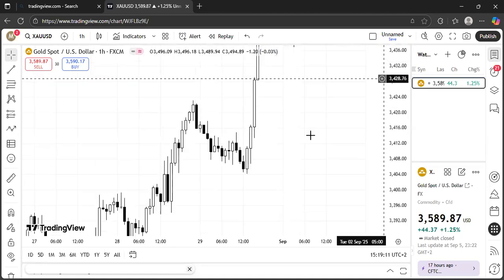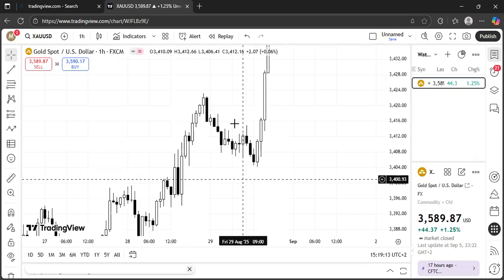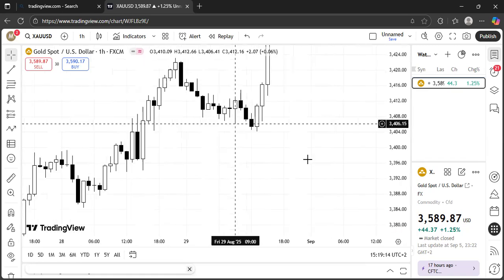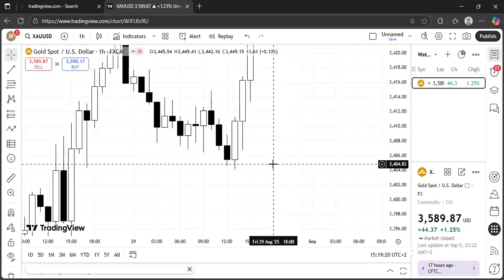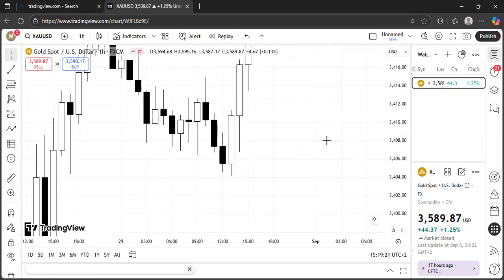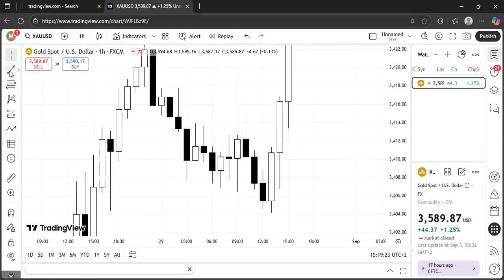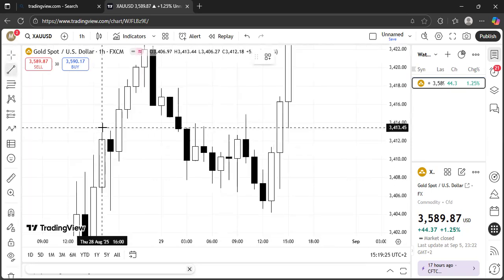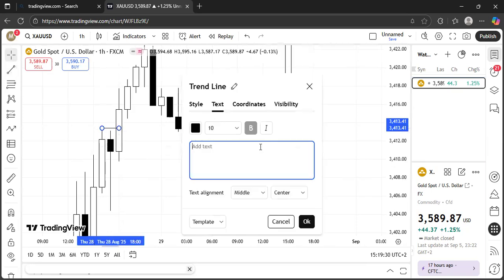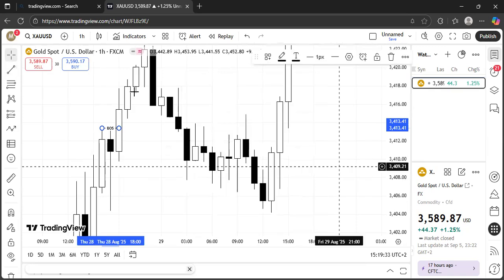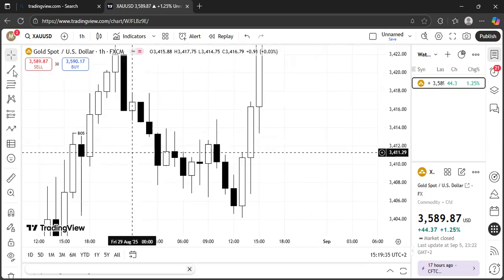We can do it right there, it's fine, since we did get this entry. So here is our direction. We have a breakout structure right here. It was going up.